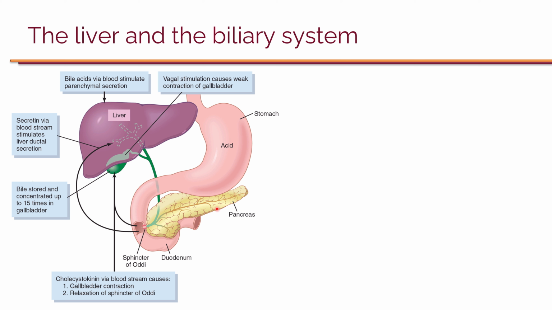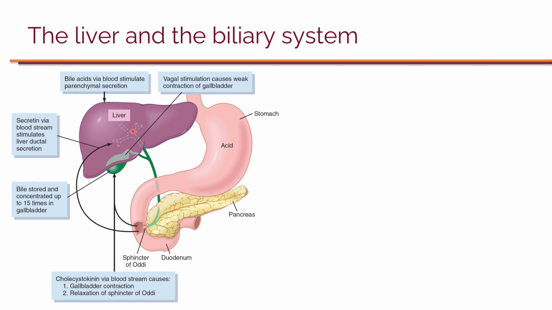There's also the pancreas. The pancreas essentially has the role of secreting insulin and, when appropriate, glucagon into the bloodstream, not into the GI tract. But the pancreas also has a role of releasing pancreatic juice into the duodenum that includes enzymes such as lipase.